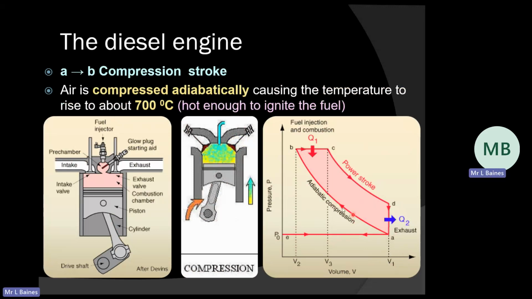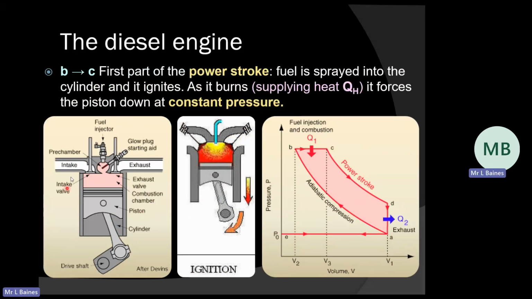Now, once we're at maximum pressure, I get my fuel getting sprayed in to that very high pressure at point B. Okay, and it ignites almost instantaneously, and it forces that piston down rapidly at constant pressure as it expands.